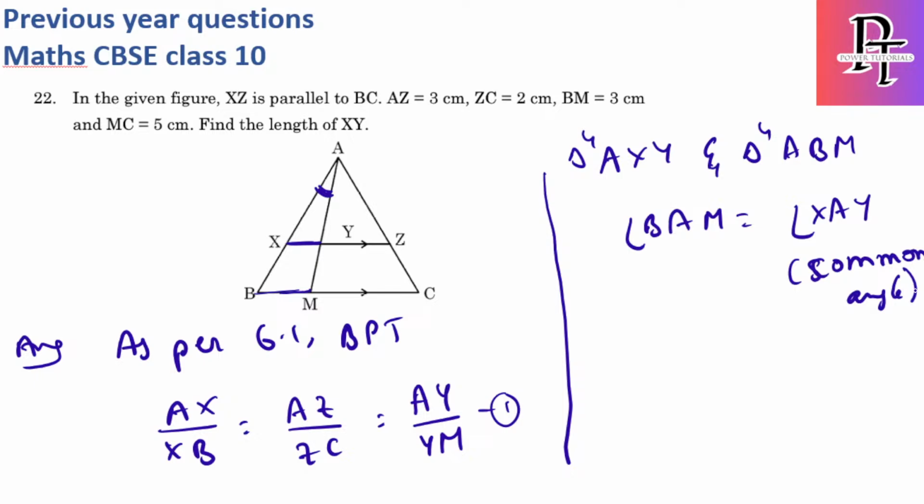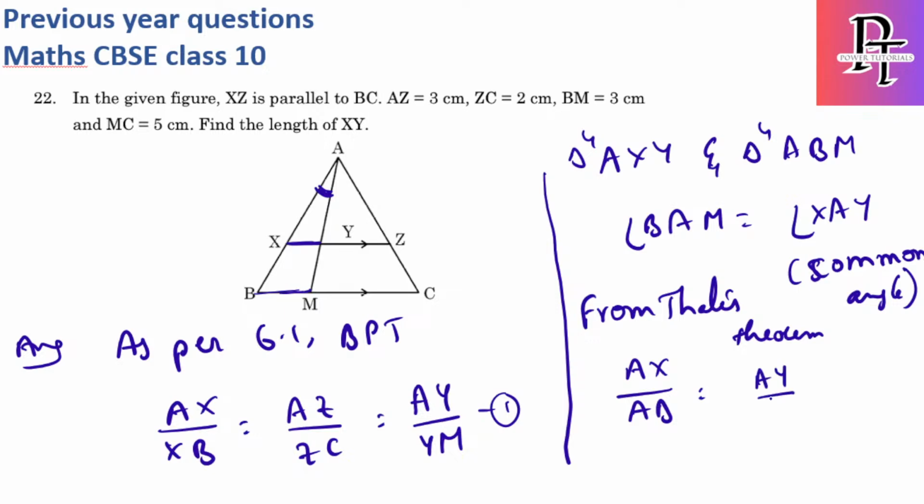Next, we also have one relation, AX by XB. But from Thales theorem, I can also write another equation. So what is it from Thales theorem? I can see it is AX by whole line AB is equal to AY by AM.